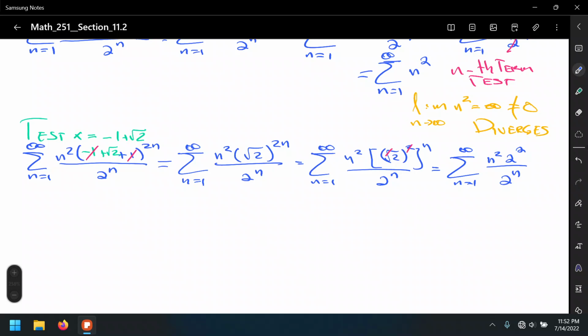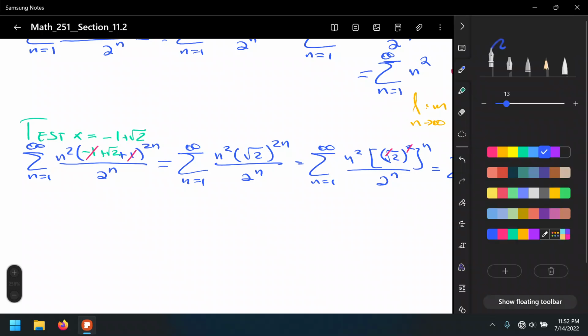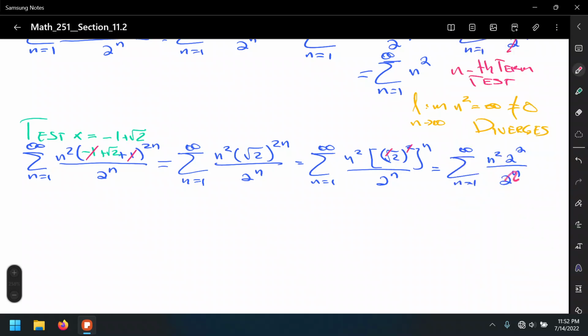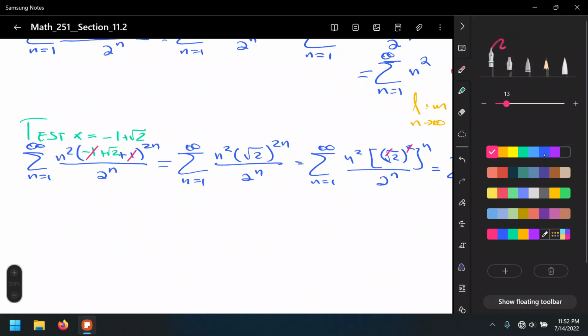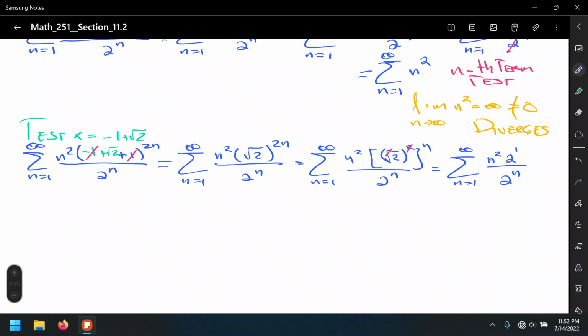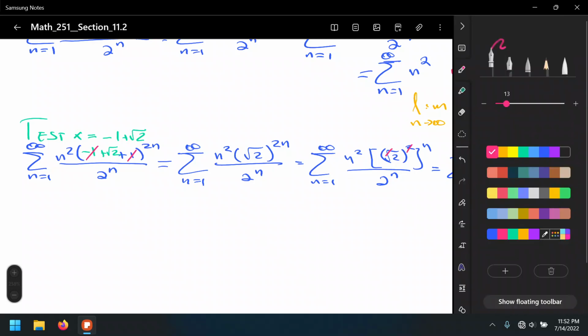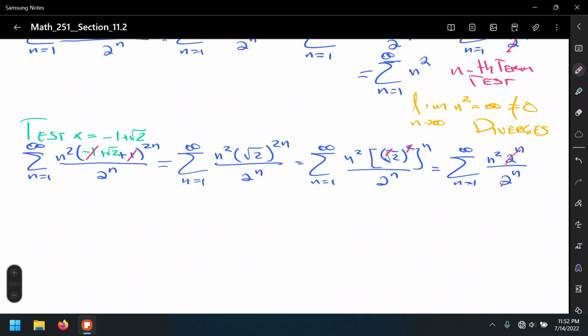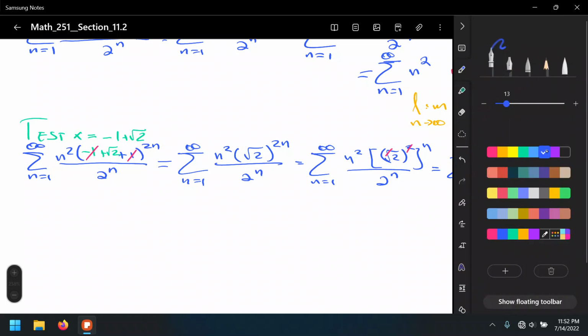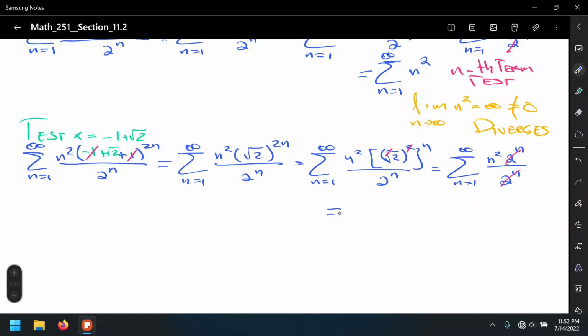All right, and again, check this out. These two cancel. Oops, that's not 2 to the second, it's actually 2 to the n. Cancel, cancel, and we're left with sigma n equals 1 to infinity of n squared.